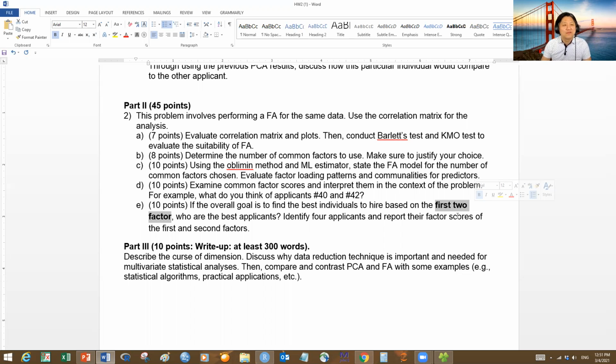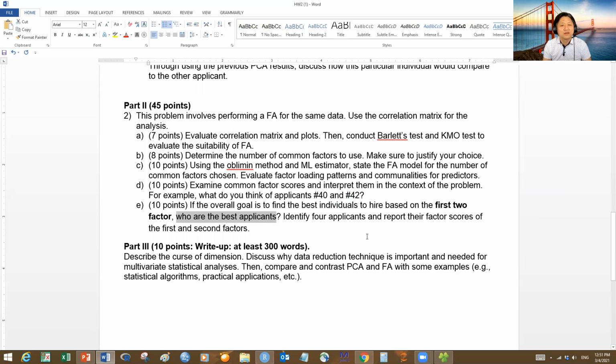If you get a 4-factor solution, just focus on the first 2 factors, because you cannot visualize 4 factors. That's 4 dimensions. You cannot draw 4 factors, right? So using the first 2 factors, you can draw or evaluate the factor scores and see who the best applicants are.